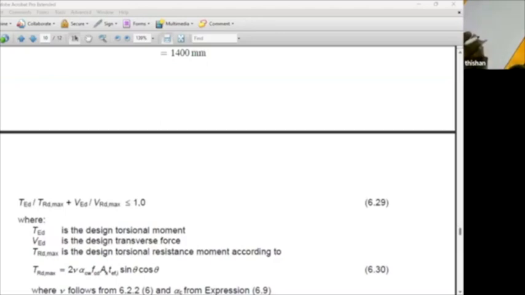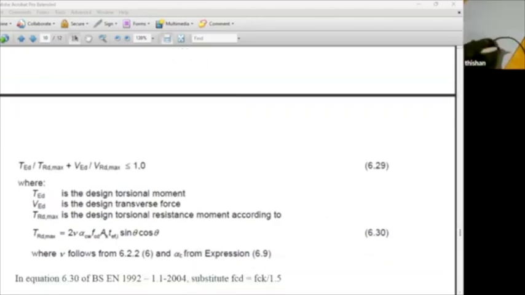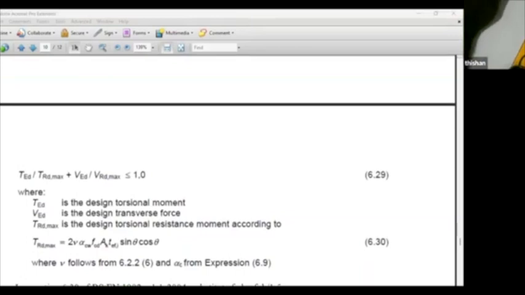Right. Then it says TED is known. It says 24. What is TRD max? It is equal to twice nu, and nu is calculated as 0.528, multiplied by alpha CW 1.0, multiplied by AK.